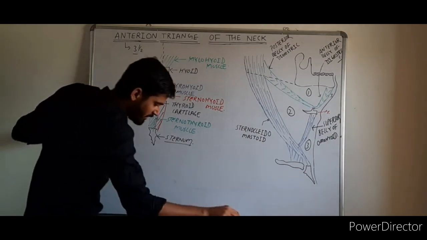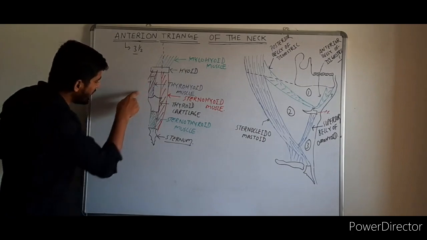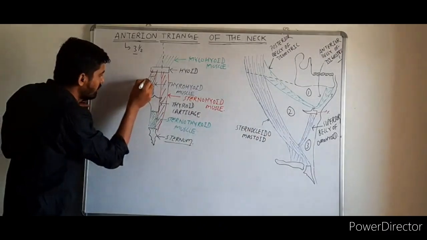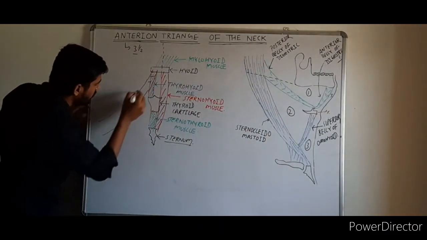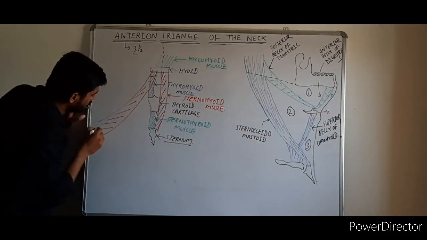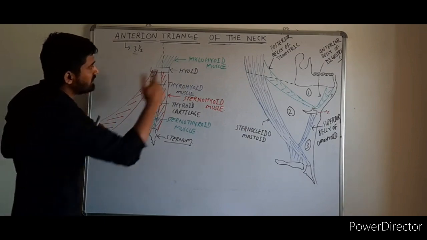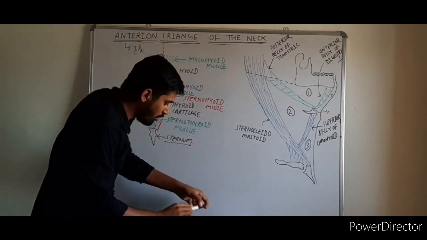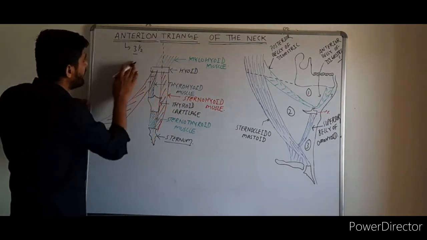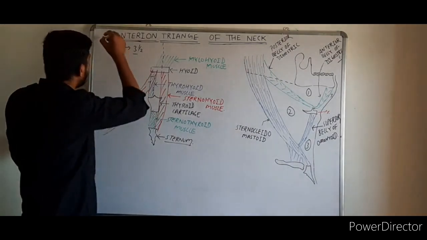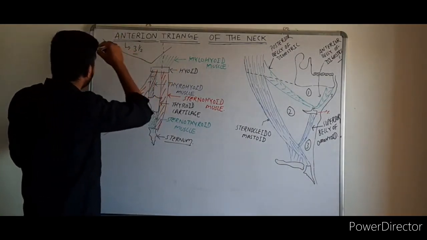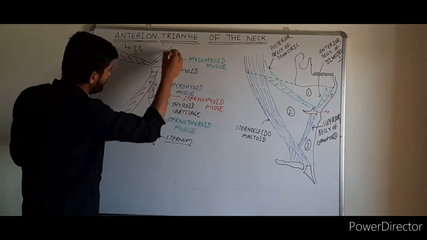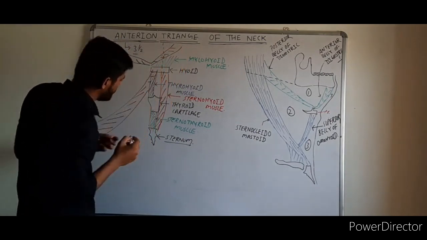Before some time I drew here the superior belly of omohyoid, so I am drawing again. This is the superior belly of omohyoid. Here the mylohyoid muscle is already here. From here to here I already drew the digastric muscle. This is the digastric muscle.